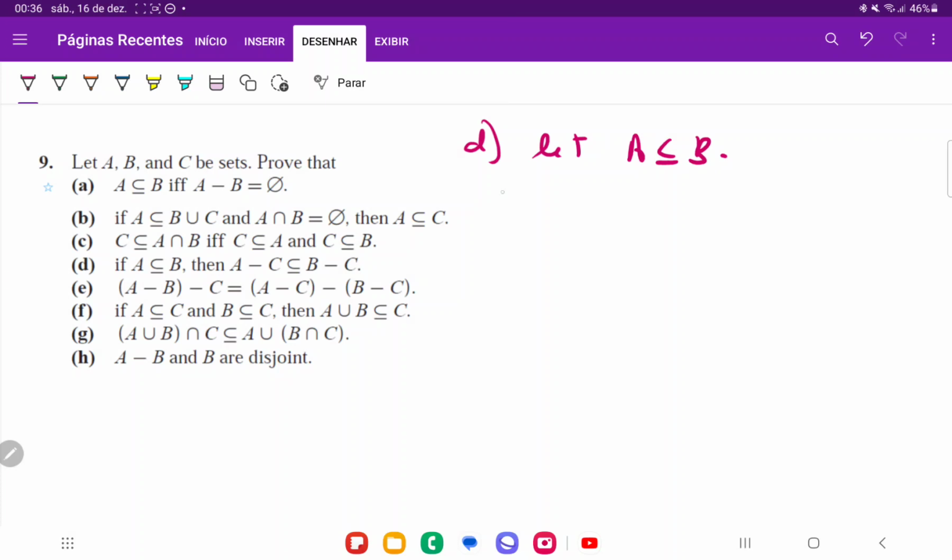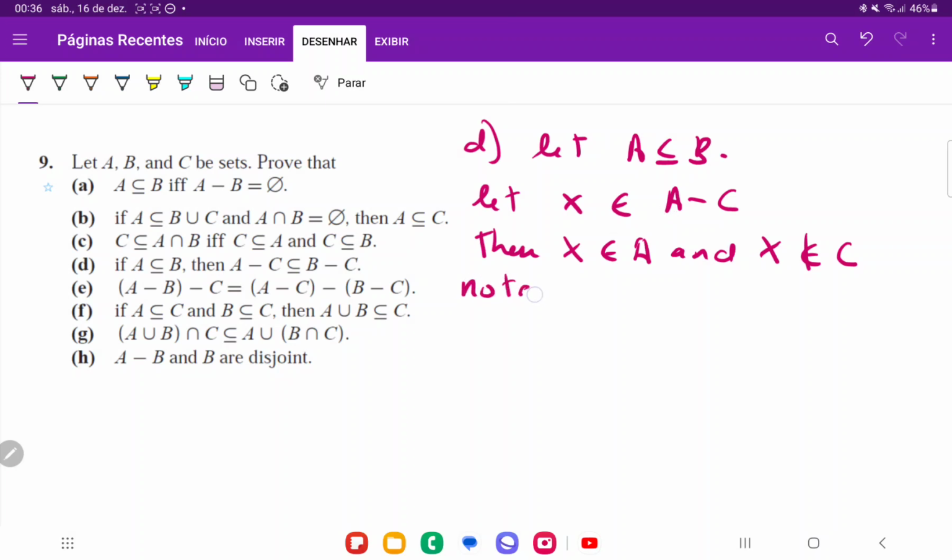And now we're going to say, let X be an element of A minus C. And we begin here because we want to show that if it is here, then it is there as well, right? That's what it means for it to be a subset. Let X belong to A minus C. Then X belongs to A and X does not belong to C, because that's the definition of it belonging to A minus C.